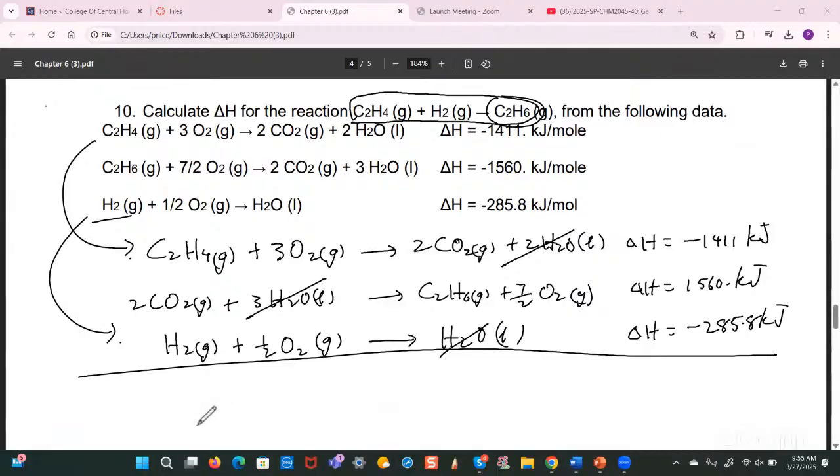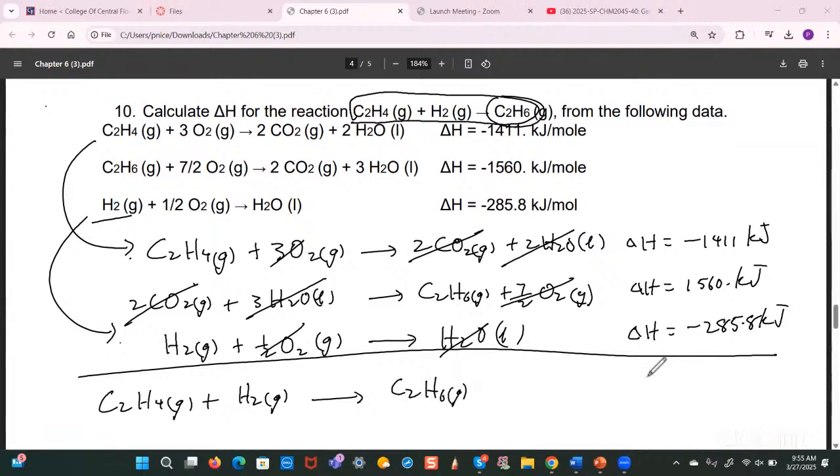Anything else? It's CO2s, okay. Anything else? The O2, because you have 3.5 here on this side, which cancels out with 7/2 on this side, which is 3.5. So you're left with C2H4 gas plus H2 gas to give C2H6 gas.